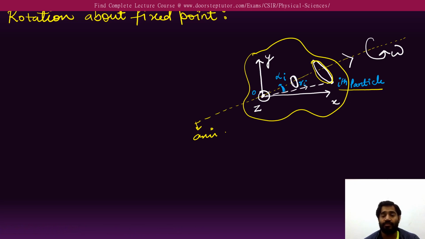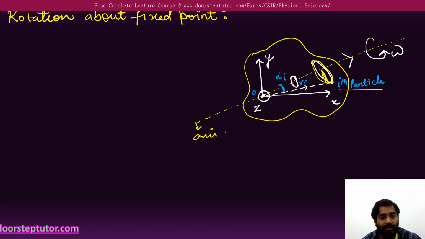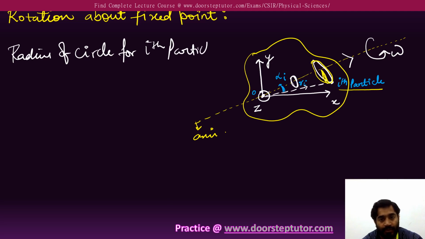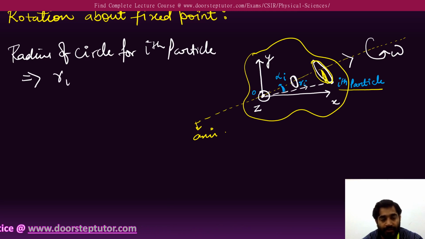Now we have to find the radius of this circular path. So the radius of the circle for the ith particle is ri sine alpha i.